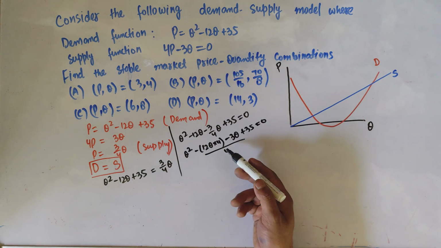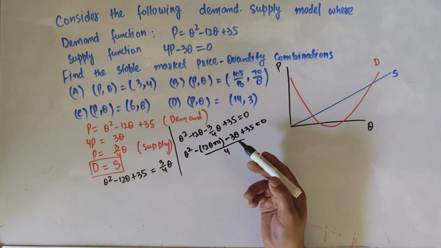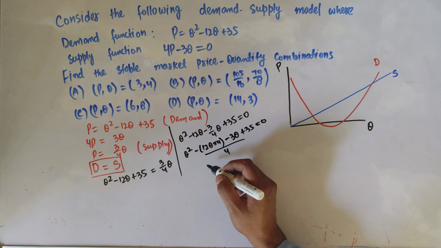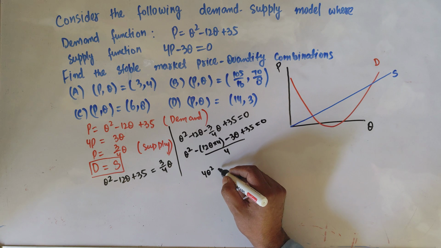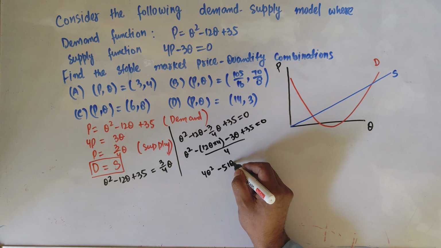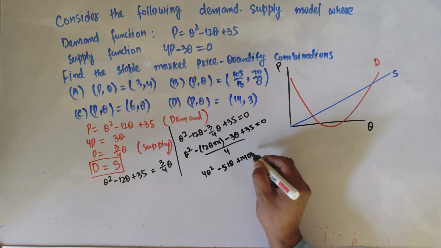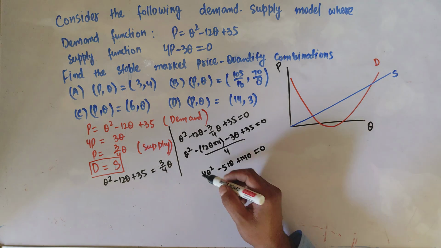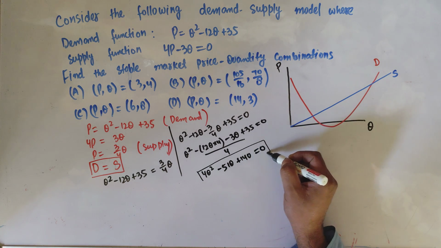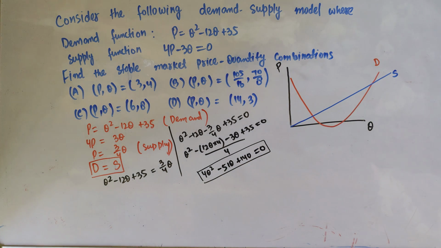When we solve this, you can find it by yourself, I will not take your time. If you solve this, we will get 4Q square minus 51Q plus 140 equals 0. I don't have the time to solve it further, it gets lengthy. When you solve, you will get this kind of equation in quadratic form.